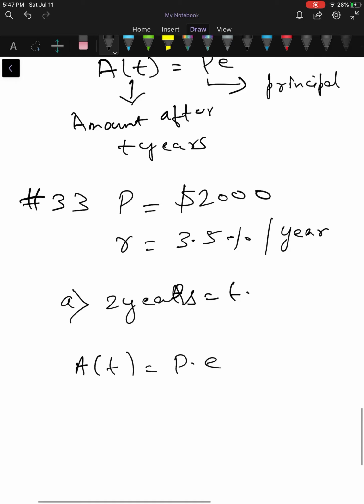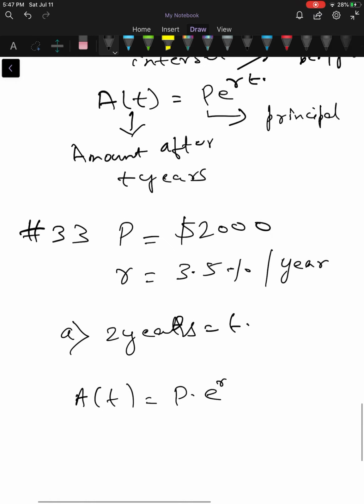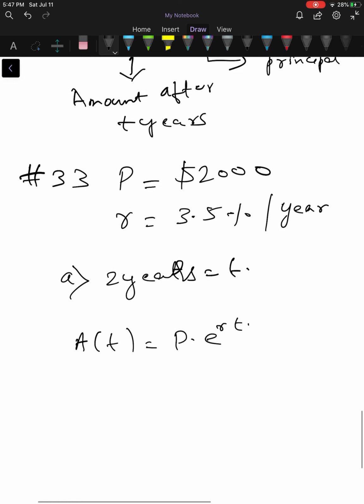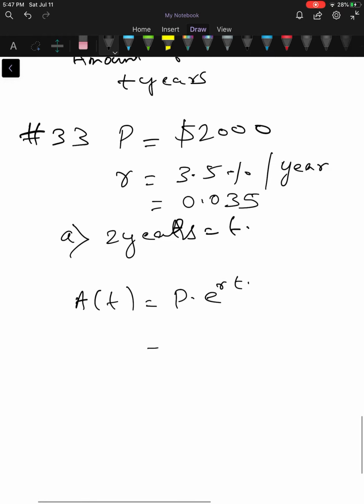Applying the formula, we get A of t equals P times e to the power of rt, correct, where r is 3.5 divided by 100, that is 0.035.